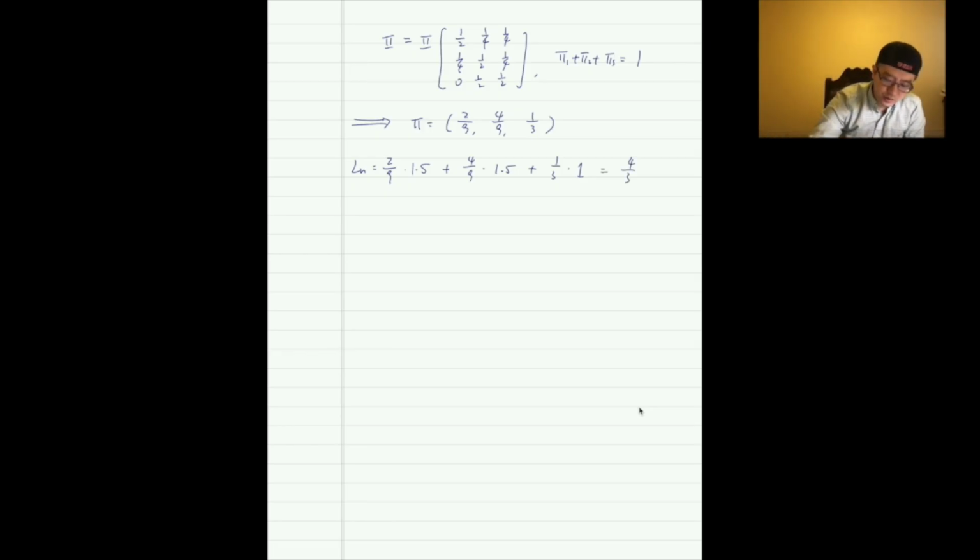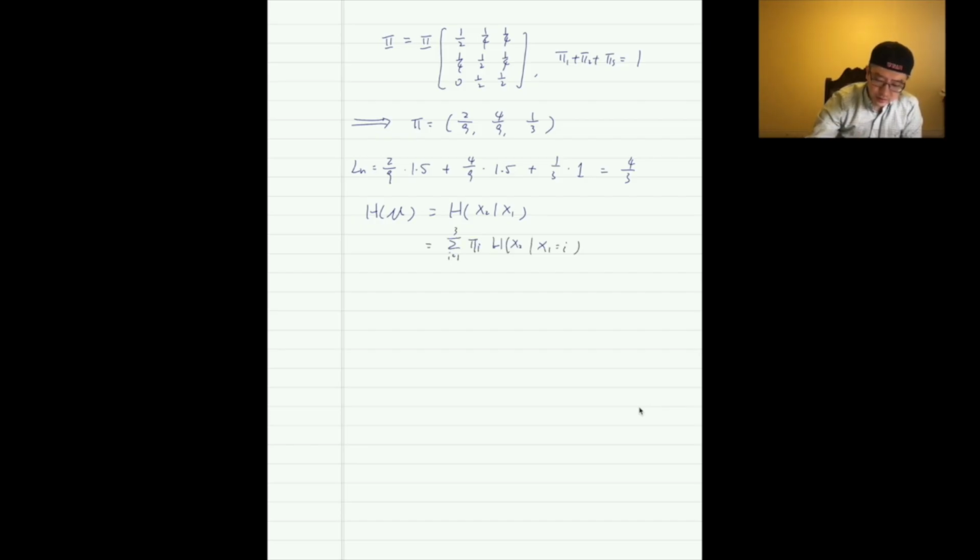Next, we're going to compute the entropy rate of U. That is nothing but H(X2 given X1), because it's stationary and it's a Markov chain. This equals the sum of pi_i times H(X2 given X1 equals i).